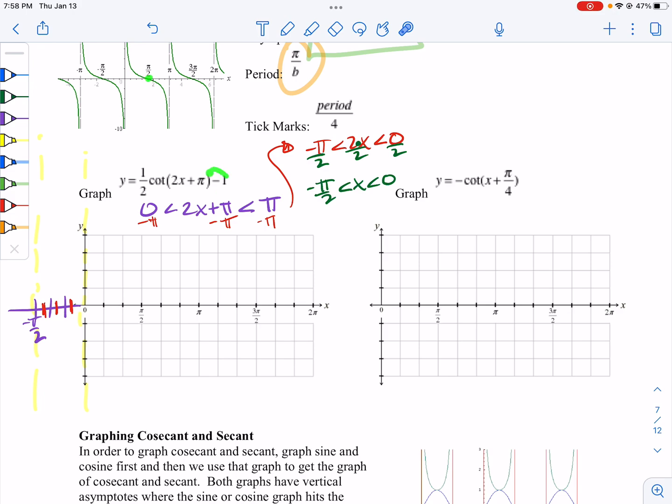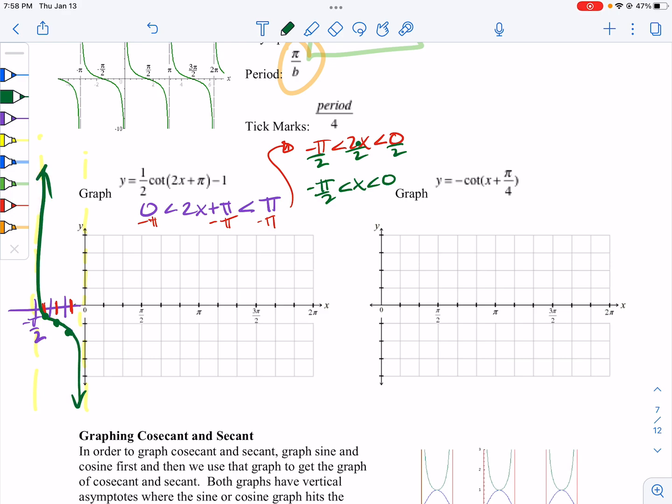Same idea: the vertical shift moves it in the direction of the sign from your point of inflection. So we're going to go down by 1, and down here is going to be my starting value. A cotangent looks like a negative x cubed, and the a value is 1, so we're going to go over a tick mark and down a half. Then we go left a tick mark and up a half.